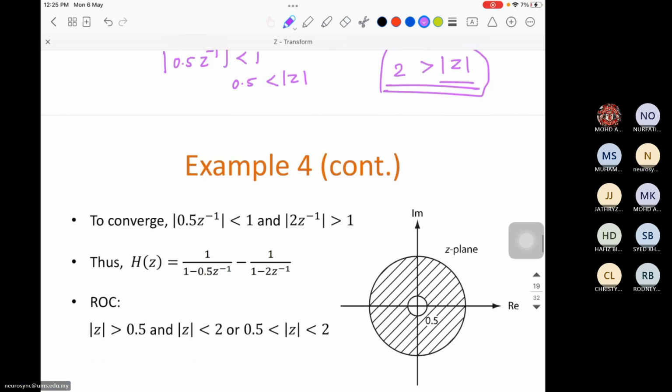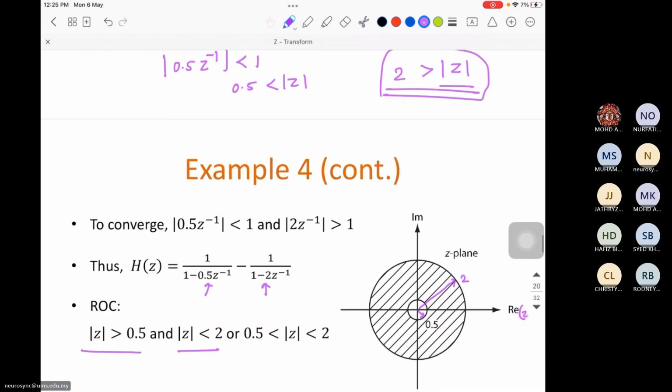So if z is greater than 0.5 and z is less than 2, in that region only H(z) exists. Therefore we will get this ring type structure. The inside circle has radius 0.5, the outside circle has radius 2.